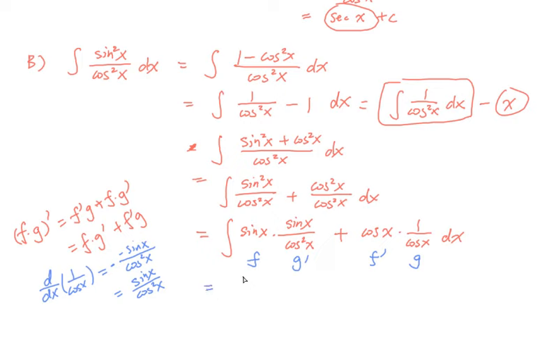So you can write this as f times g prime by applying this formula.